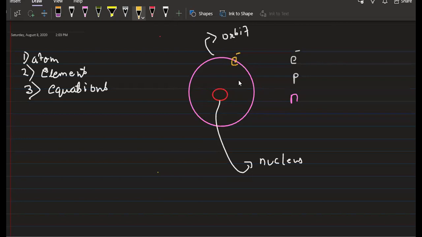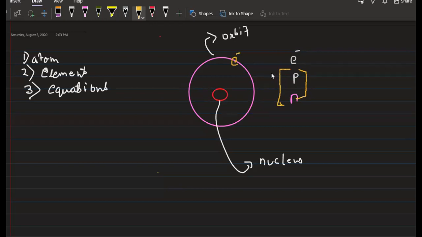Inside the nucleus we will have protons and neutrons, and the electrons will revolve around the nucleus. Got it, everyone? All of you understood the basic idea of an atom? Good.